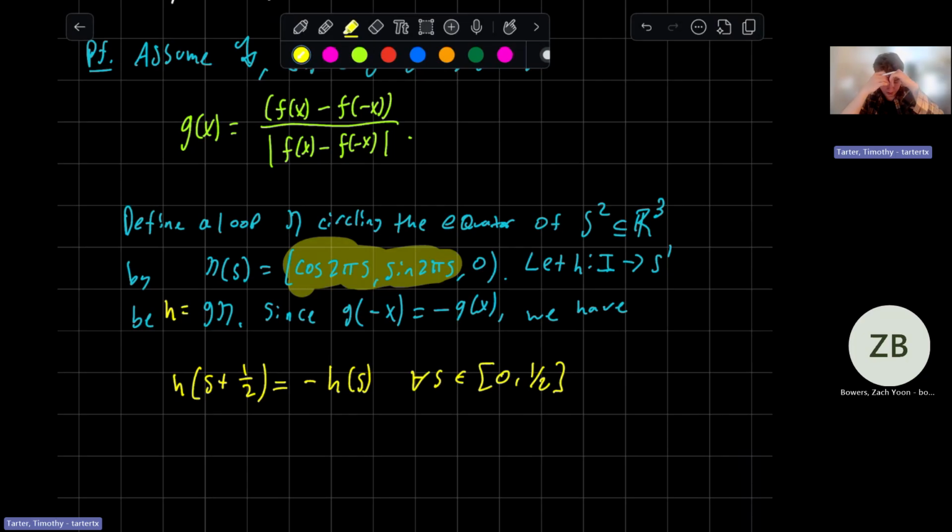But then g of eta is something between 0 and 1 minus something between 0 and 1, divided by its absolute value.